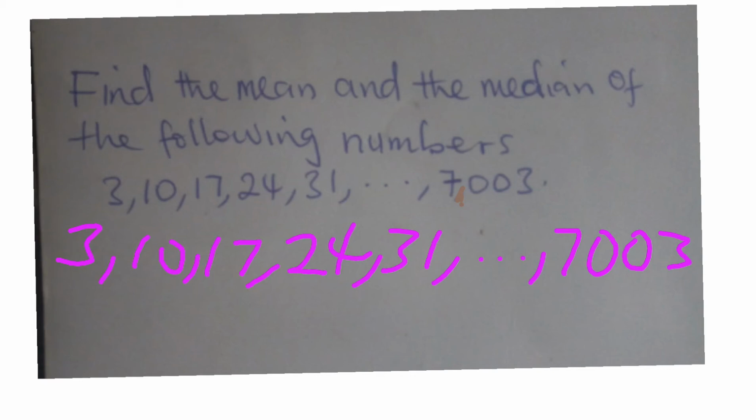So if you check that, you see that these numbers are evenly distributed. And now if we want to find the mean or the median, we go straight to applying what we showed in the previous video. So if you've not watched the previous video, endeavor to go back and watch it, because with that you can easily see how to solve this question without so much stress.